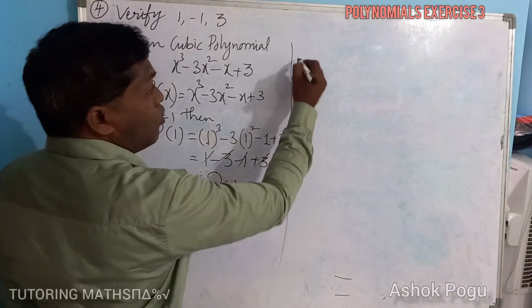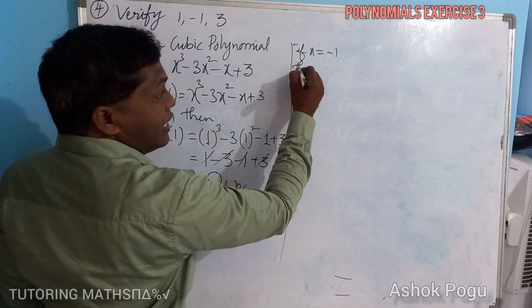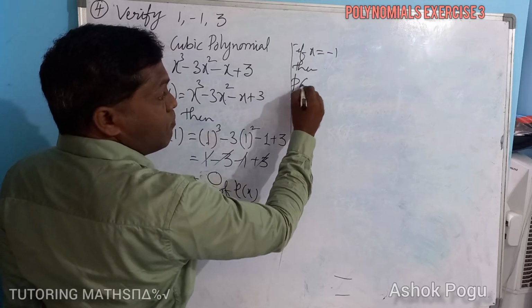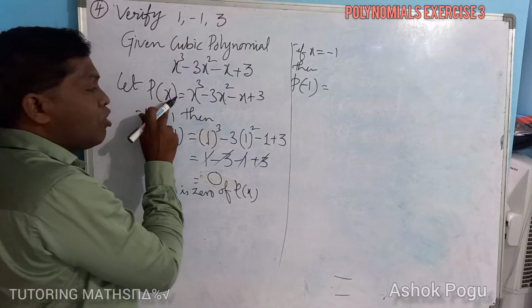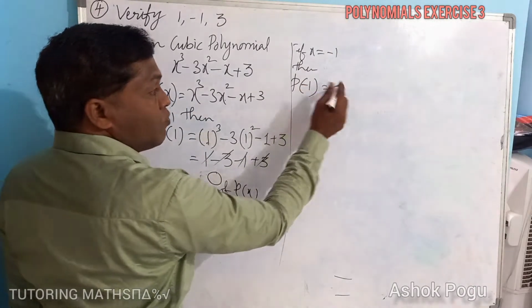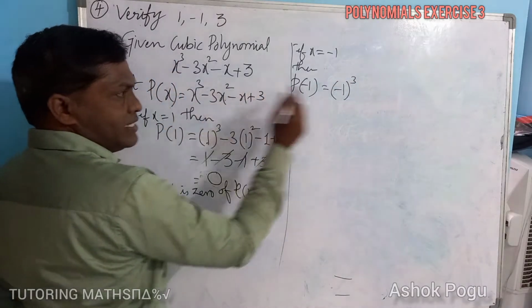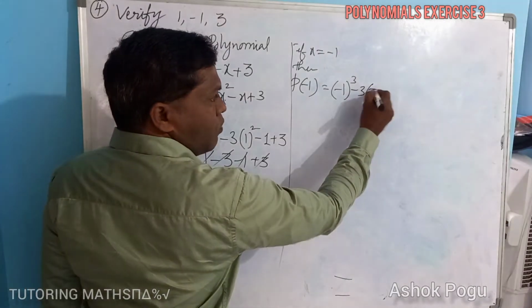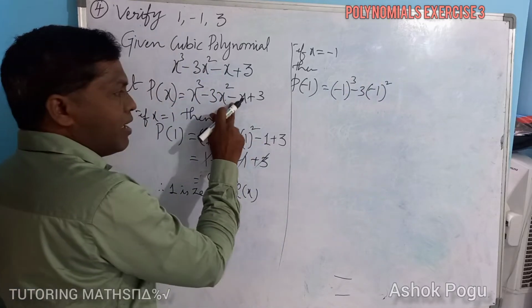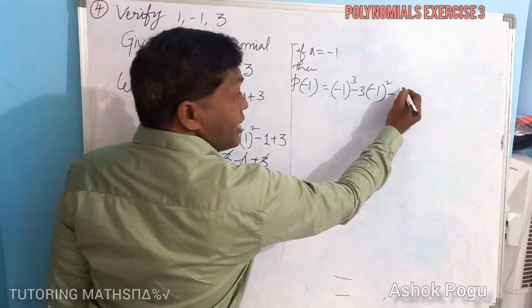Now if x is equal to -1, then p of -1, what is p of x? x cube, but the x value is -1, so -1 cube, minus 3x square, that is -1 square, minus x, but what is the value of x?